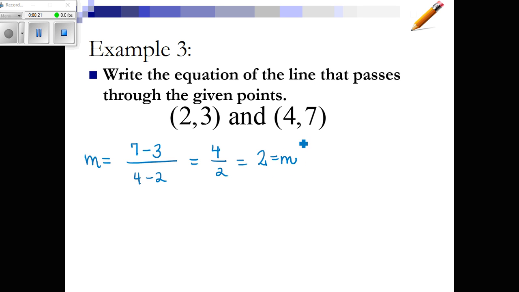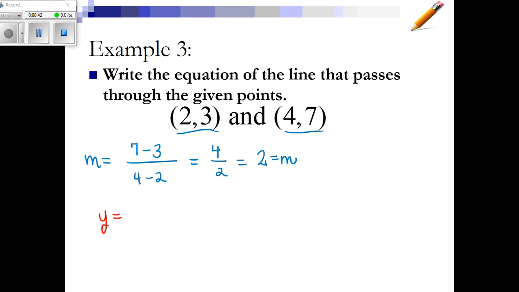So I have a slope of 2. And then I have 2 random points, actually: this random point 2, 3, and this random point 4, 7. Does it matter which random point I use in my translated form? No. Okay, so let's go over here and do the translated form.